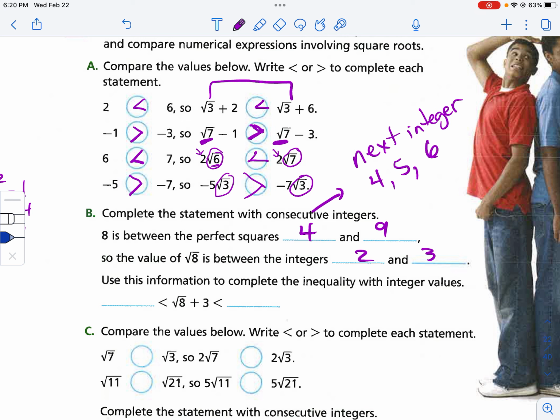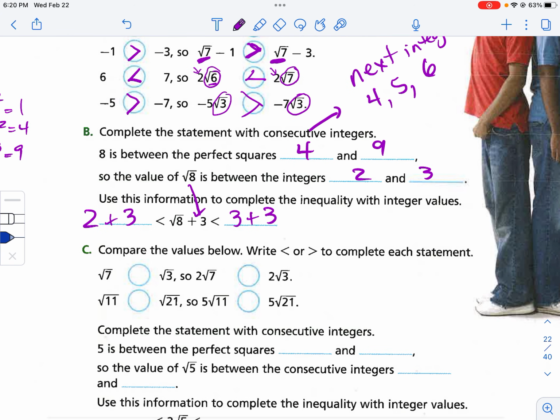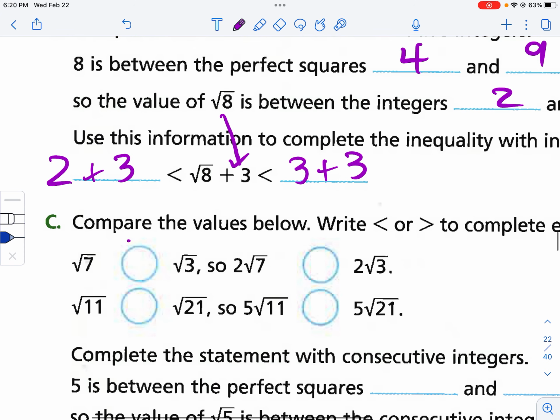Okay, so if I had 2 and I had 3, and all they did was add 3 to both sides, so plus 3 and plus 3. That's all we're doing. So down here, the square root of 7 is going to be greater than the square root of 3.